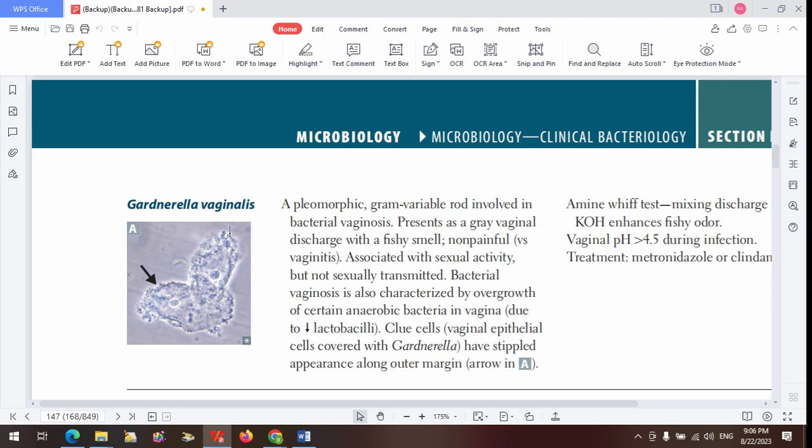How do they present? How will you distinguish it from Candida vaginitis and Trichomonas infection of the vagina? It is going to present with a thin gray-white vaginal discharge that has a fishy smell. Once you perceive the smell, it smells like fish. This is one of the cardinal signs of bacterial vaginosis.